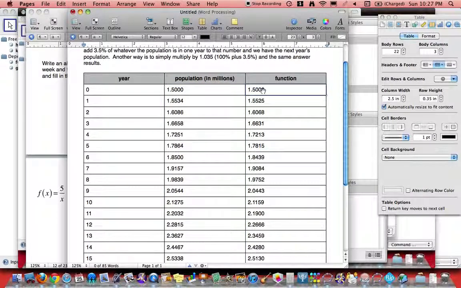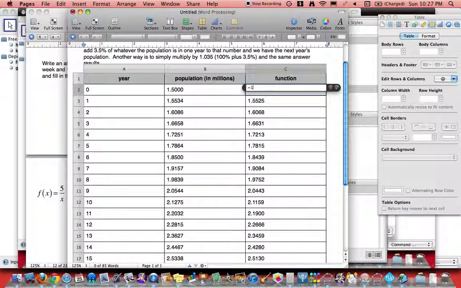Well, let's go even further, okay? And we're going to say this is going to be equal to 1.5 times, let's pretend the population growth is figured out every day.